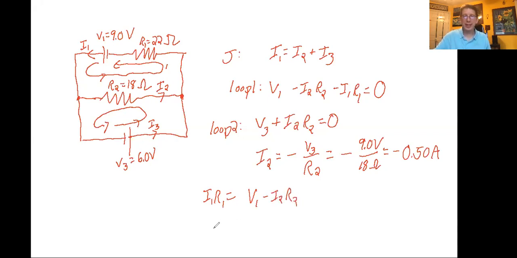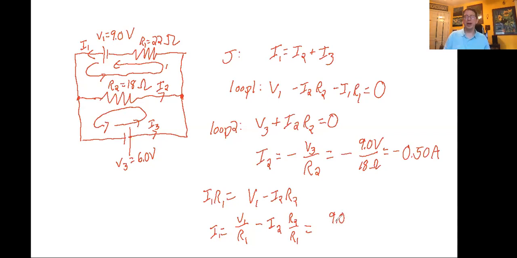So you can write this then as I1 is equal to V1 over R1, just dividing both sides by R1, minus I2 R2 over R1. So with that, you have V1 divided by R1. So that's 9.0 volts.